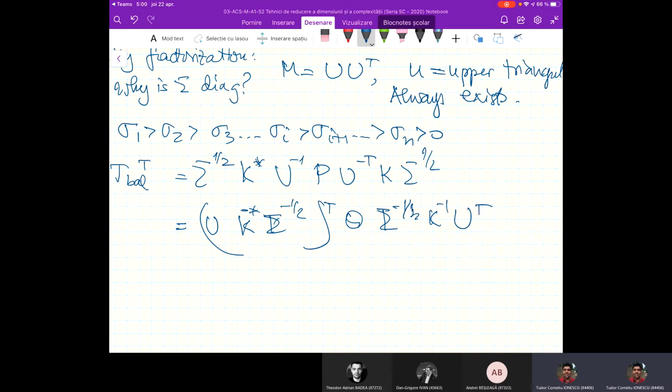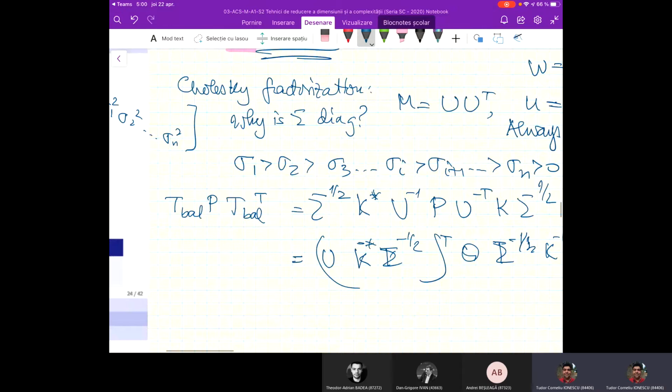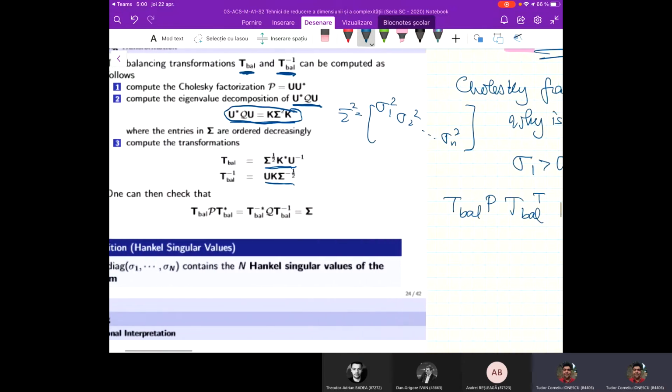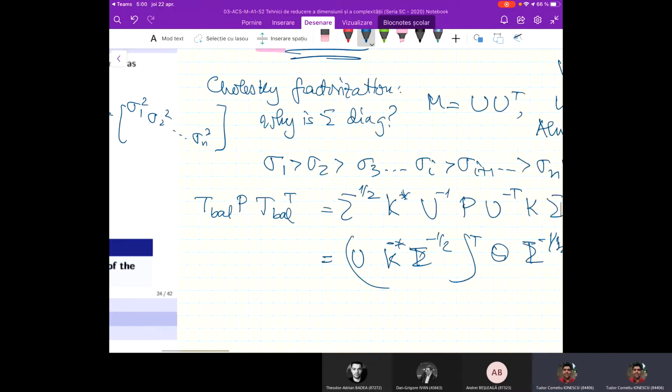And these two, if you multiply them, you can easily recover PQ, or you can show that both are equal to sigma. Why is that? Because U star K U is this guy. Oh, and P is U star, by the way.